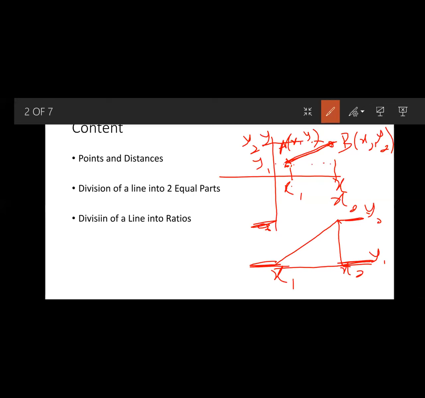So from there, we can get the distance from here to here. From here to this place is y1, and from here to here is y2. It means in between them it will be the subtraction: y2 minus y1.